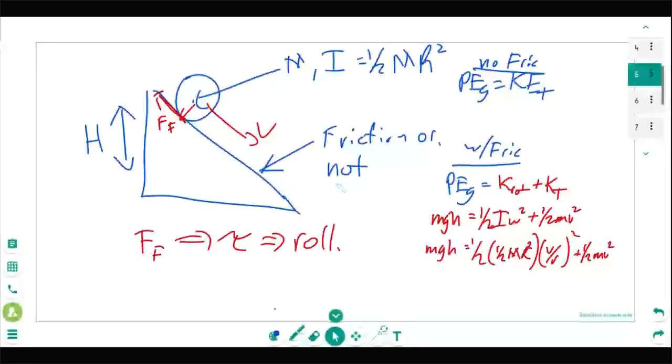But it will also be rolling with some angular velocity omega, which means we have some rotational energy. So with friction, some of that energy that would be pure translational motion gets converted into rotational.